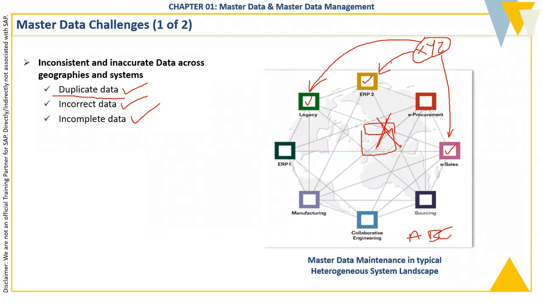And if there is duplication, then the data might be incorrect also sometimes. Because here the customer might have updated some details, not wantedly, but maybe due to some human error. Here the details might not be correct, and here also the same scenario might occur. So obviously it leads to inconsistent data also.